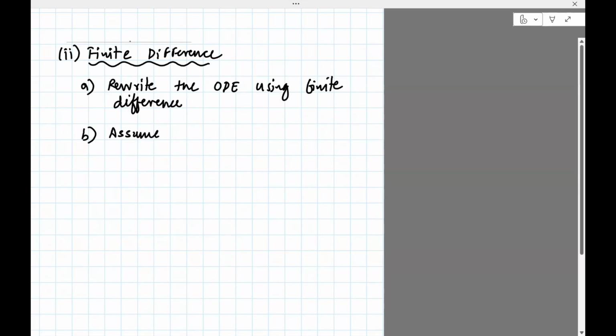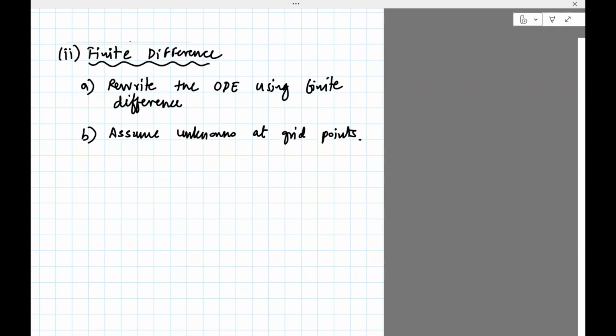Once you do that, second step is assume unknowns at grid points. Okay, so how does finite difference work? Well, if you want to find dy dx, you say y i plus 1 minus y i divided by delta x. So those y i plus 1, y i values at grid points are going to be your unknowns.